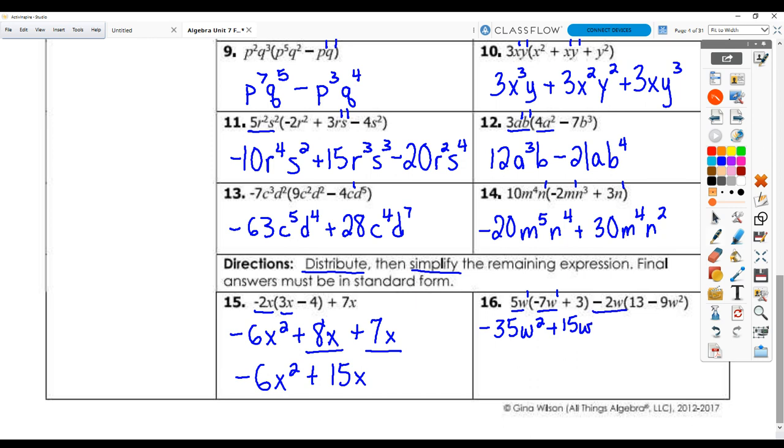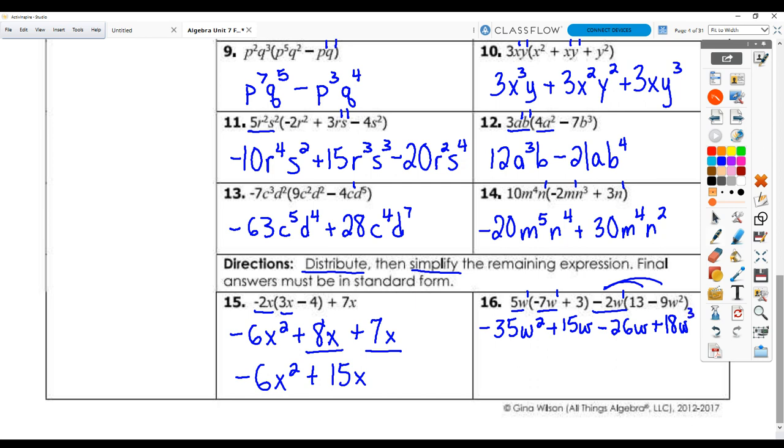Careful, we're distributing the negative 2, the negative sign with the 2, to the 13 and the negative 9w squared. So we have negative 26w plus, because a negative 2 times negative 9 is positive 18, w to the first times w squared is w to the third.